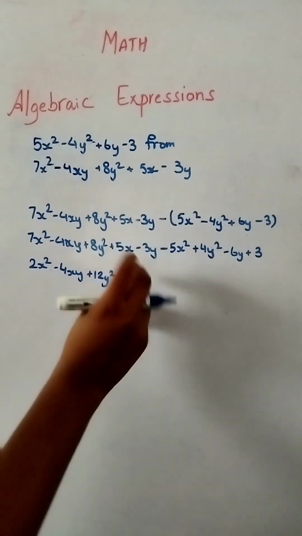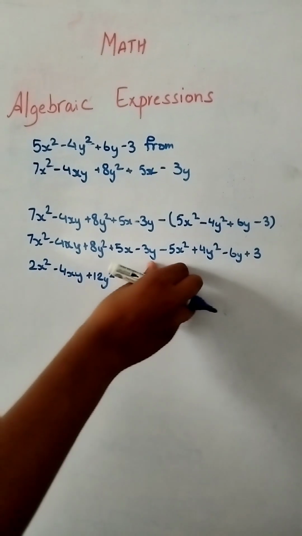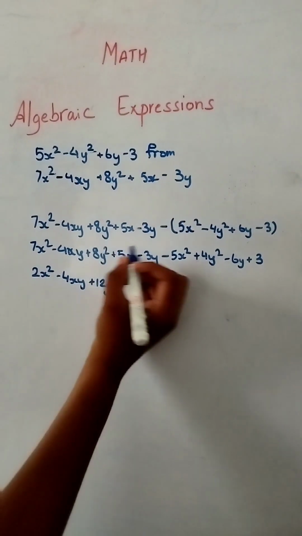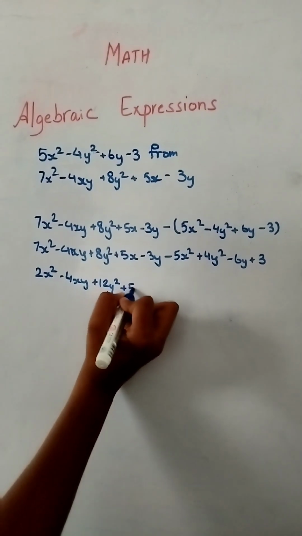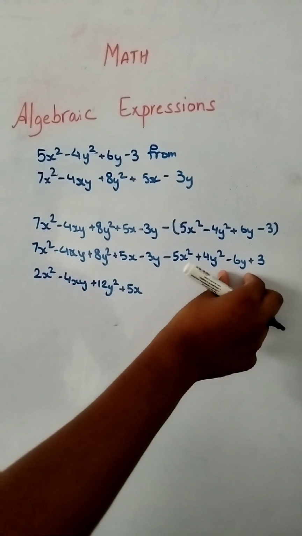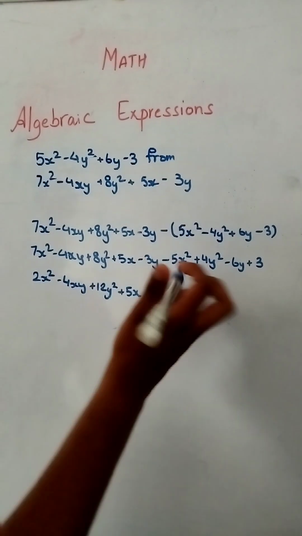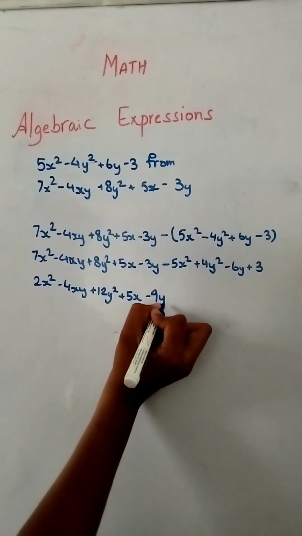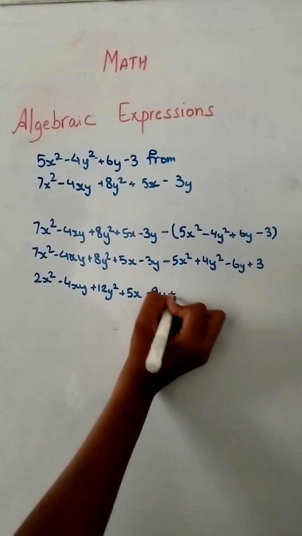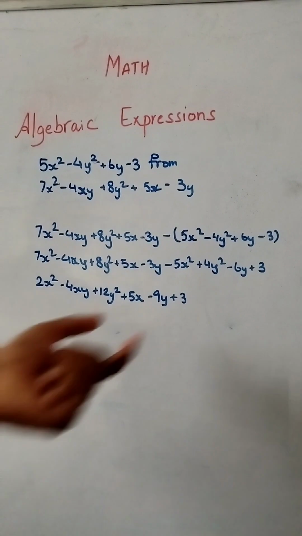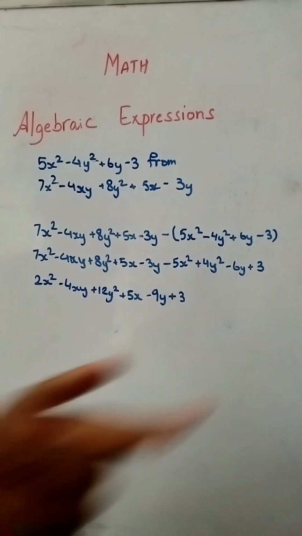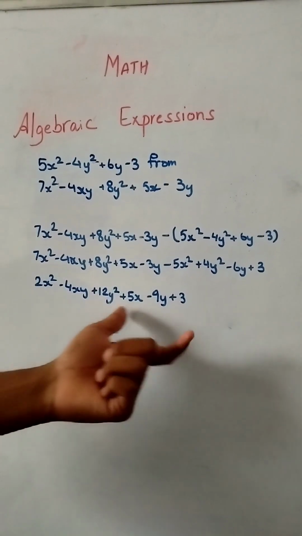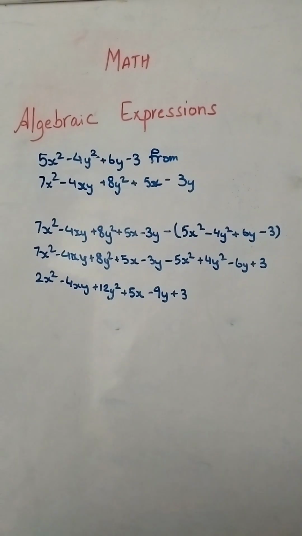Then we can see that there is no other x term, so we can bring that down directly. There is another y term, however, so we can easily add these two numbers to be 9y, and then we can bring the 3 down directly, because we've already used these 3 earlier.